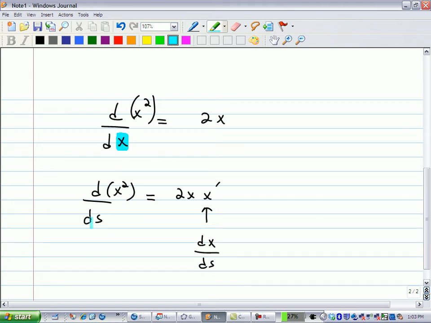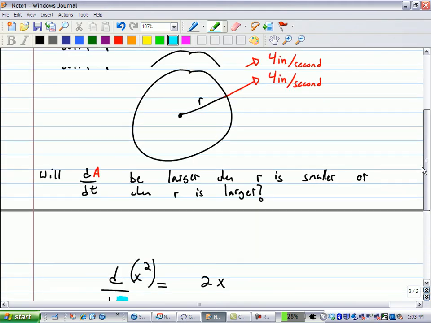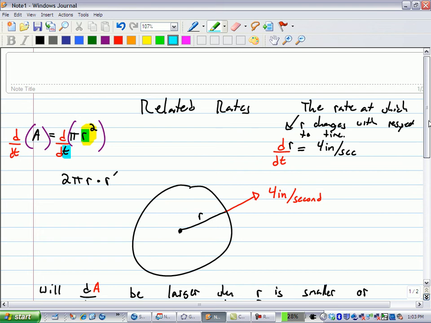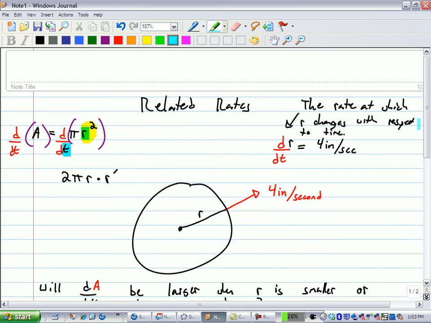When we came back up here, and I took the derivative of both sides with respect to time, pi r squared became 2 pi r r prime. Now what's the left side going to become? What's the derivative of A with respect to time? A prime.